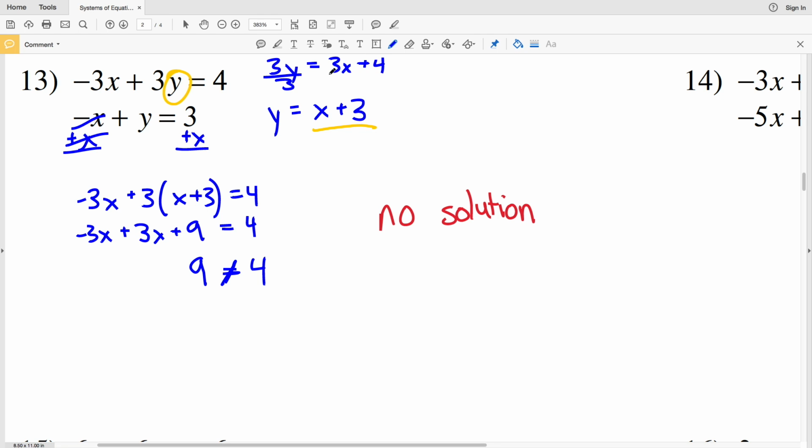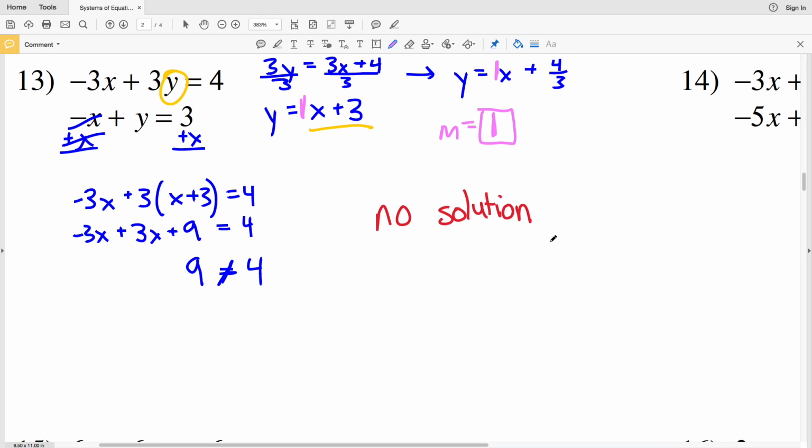And when we divide by 3, you'll see that y equals x plus 4/3. So the slope for each equation is 1. So since the slope is 1 in each equation, those lines are parallel, they will never intersect, and there is no solution for this system.